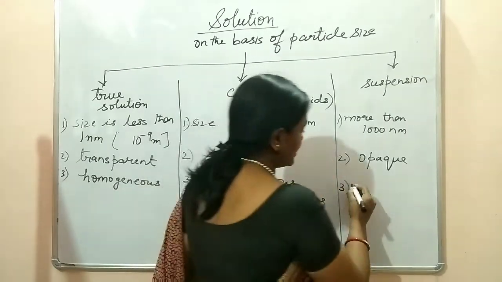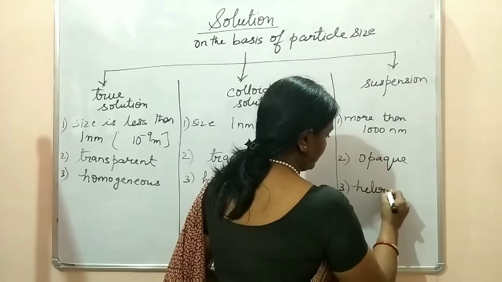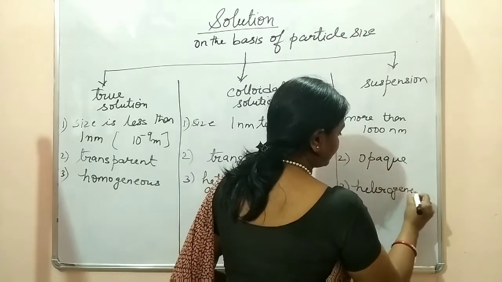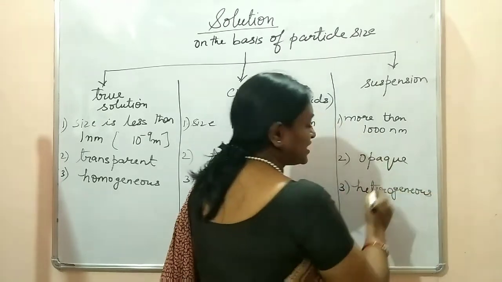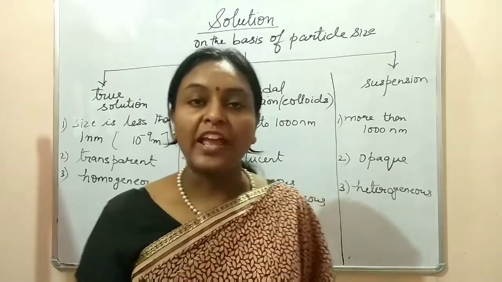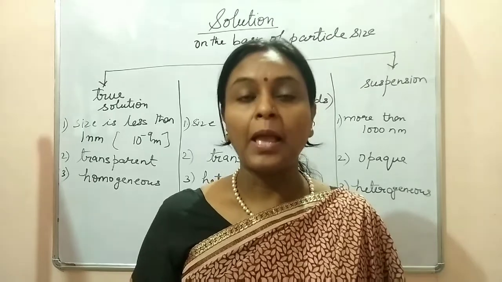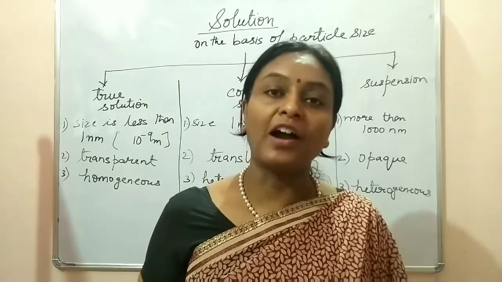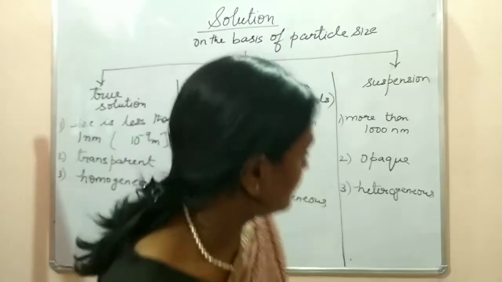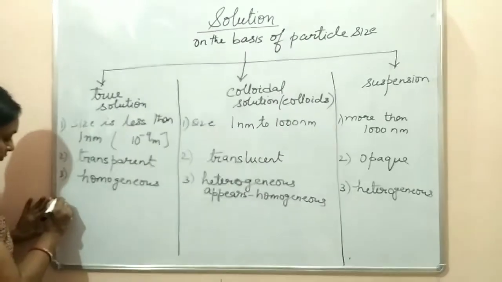And suspension is heterogeneous in nature. Heterogeneous means the properties and the composition are not uniformly distributed throughout the bulk. Bulk means from every part of the sample. Now we will see the next one.